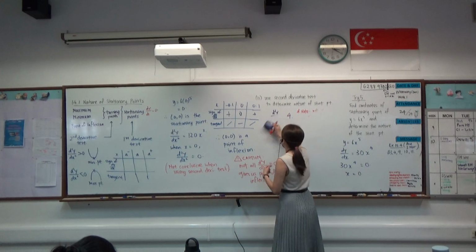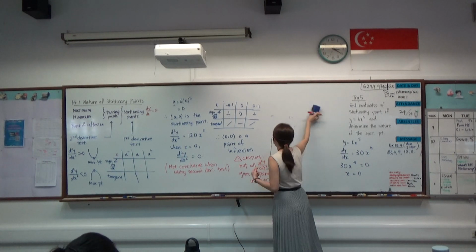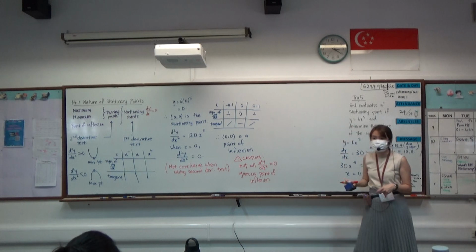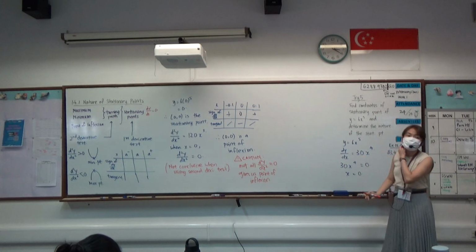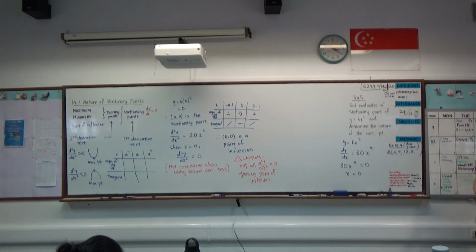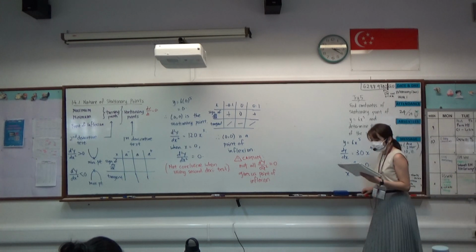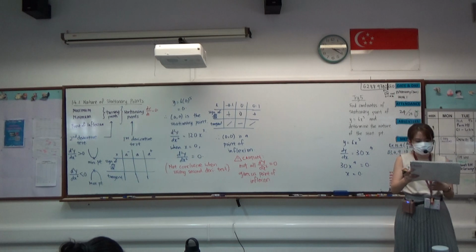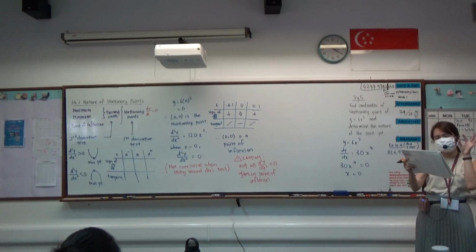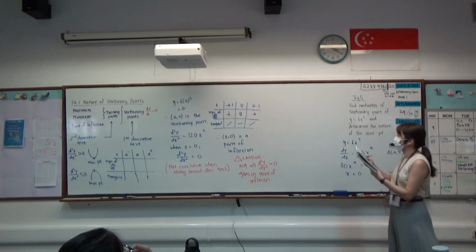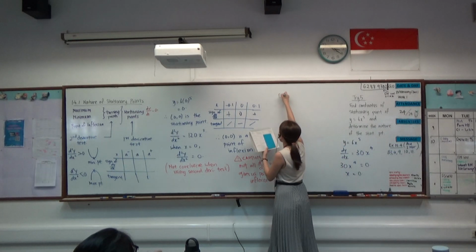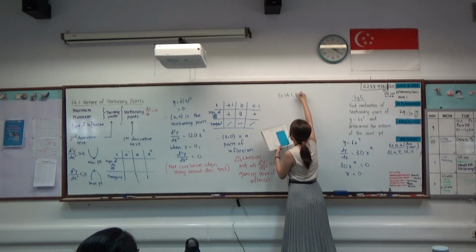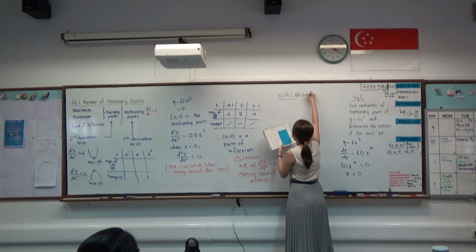I will show you an example whereby it is not a point of inflection when the second derivative is equal to 0. Okay? So this example that I'm giving you is kind of an edit from your exercise 14.1, question 4. Alright, I just edited it a bit.